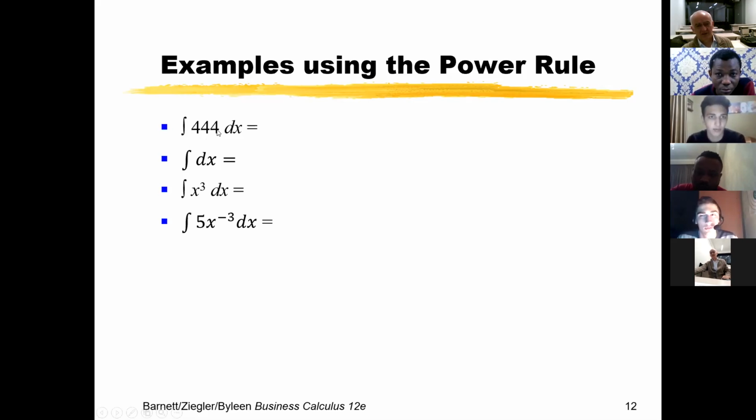Do you agree? It will be x to power 4 divided by 4 plus c.